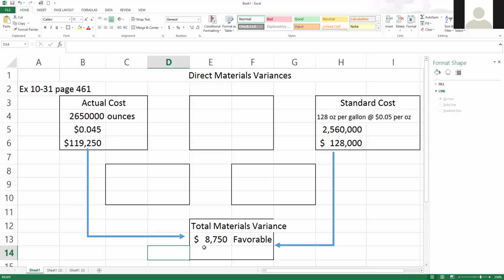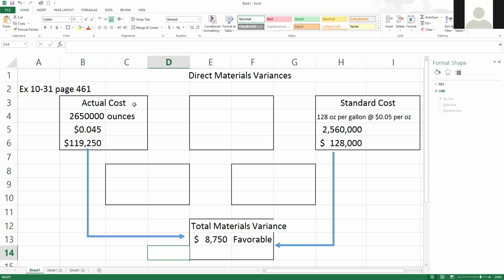Why is our variance favorable? Was it because we just were so efficient and we used less ounces of raw material? Or was it because we paid less for the raw material? Or was it a combination of both? So if we go up and look at our story, 2,650,000 ounces, and we were planning on only using 2,560,000. Those numbers look really, really similar.